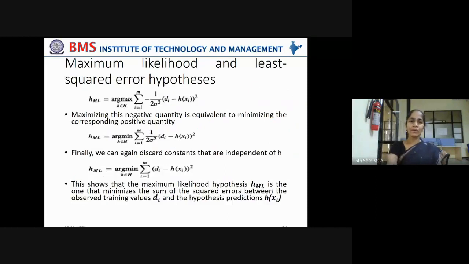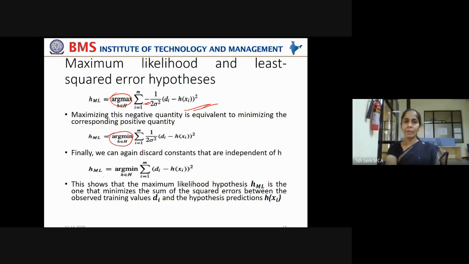Okay. Now, maximizing this negative quantity is equivalent to minimizing the corresponding positive quantity. Correct? Whenever you are maximizing some negative quantity, it is equivalent to minimizing the corresponding positive quantity, and vice versa. So, just to remove this negative sign, we are using argmin instead of argmax.